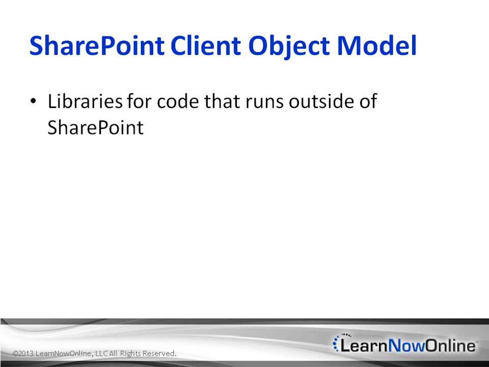Now, the other part that wasn't really that great about the web service APIs for SharePoint is that they didn't really cover everything in the server object model. But now, pretty much everything is covered, except for some of the things that you may need to do from an admin standpoint, things that touch the web application level or the farm level.